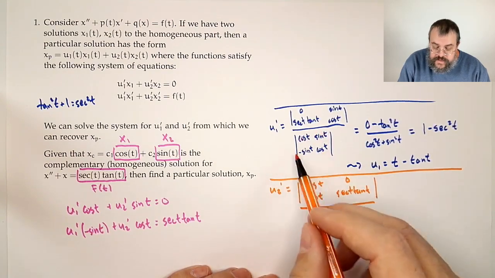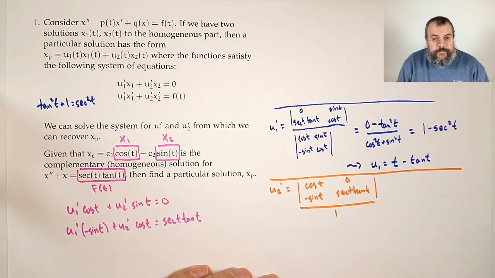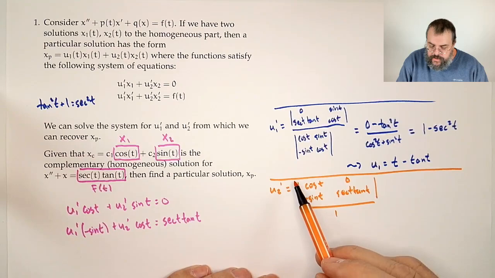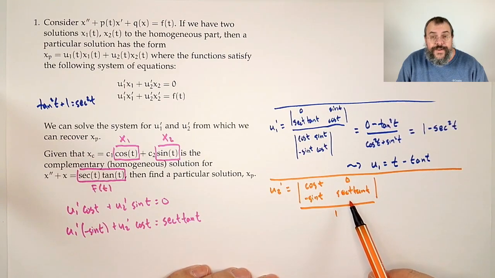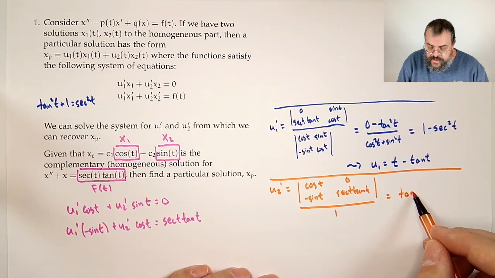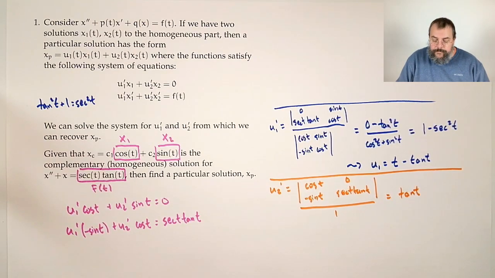And downstairs, it's the same part as here, which we already know is 1. Now, do our multiplication. Well, cosine times secant. Cosine, 1 over cosine, they cancel, so we're left with tangent of t, and then we subtract 0, so it's tangent of t. And now we say, great, that's u2 prime.